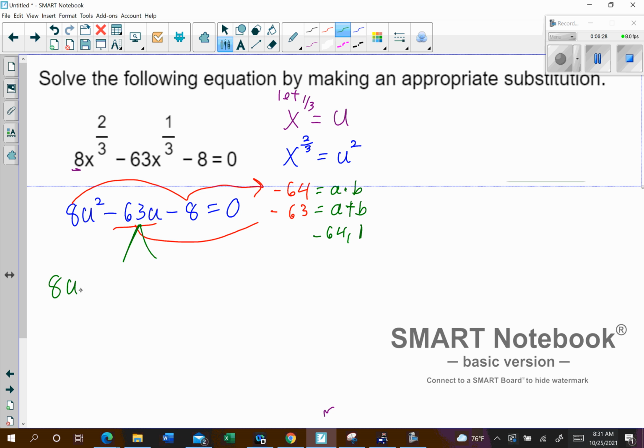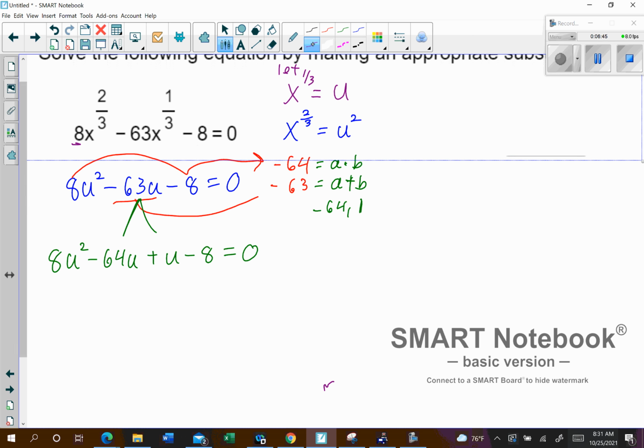So we still have the 8u squared, and then we're going to write this as -64u. Then we'll have a plus 1u, if you want to put a 1 there, -8 equals 0. Okay, so now we're going to factor each one of these individually. The first one I can factor out an 8u, and that will leave me with u minus 8.